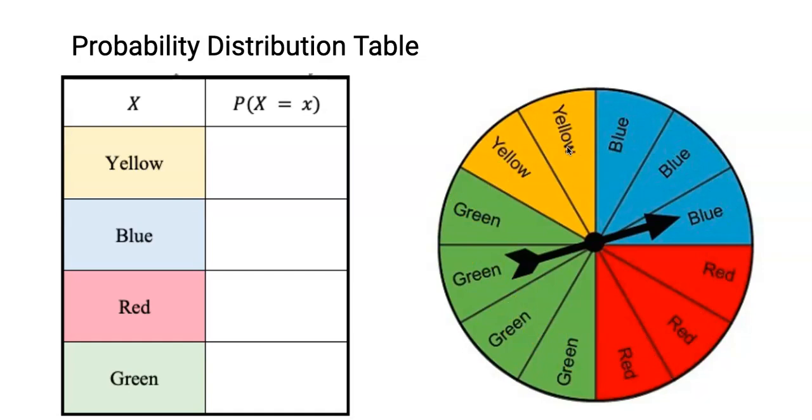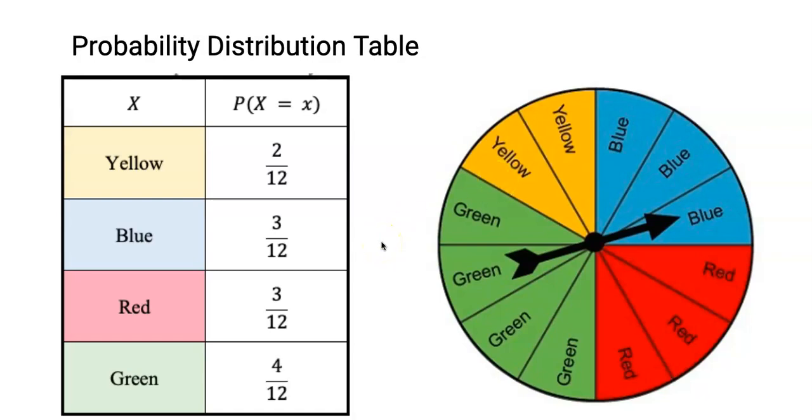So out of 12 slices, there are 2 yellow slices. So the probability of getting a yellow is going to be 2 out of 12. What about blue? There are 3 blue slices, right? So that will be 3 out of 12. And for red, I can see there are 3 red slices again. So it's going to be 3 out of 12 again. And lastly, green. We have 1, 2, 3, 4 green slices. So that will be 4 out of 12.